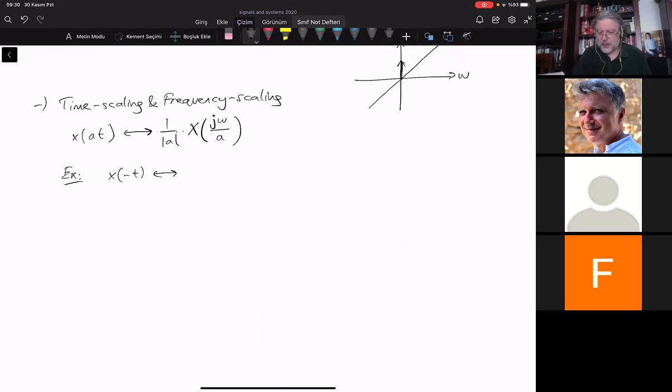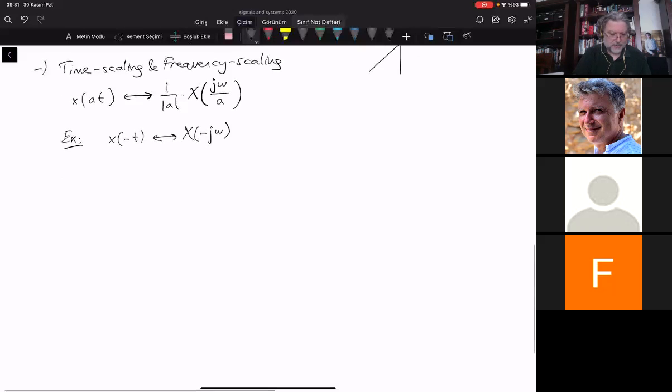Capital X of j omega divided by -1, which is minus j omega. Capital X of minus j omega, which is telling me that if you flip around the time signal, its Fourier transform is also flipped around. That is happening for all negative scales. The time is folded, flipped, and the Fourier transform is also flipped. Of course, the magnitude here is just 1.